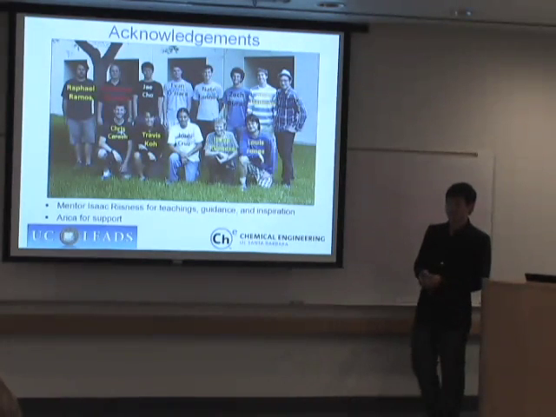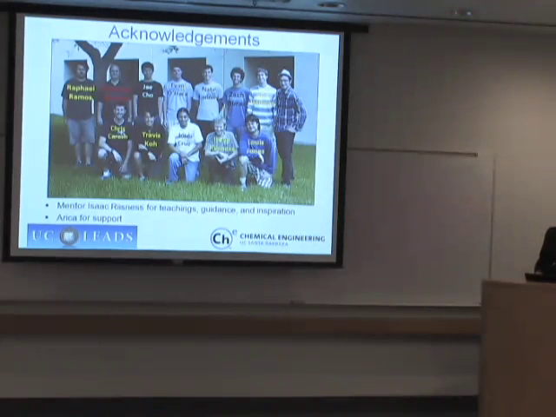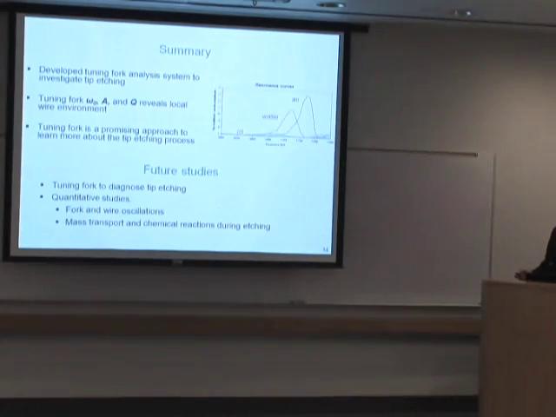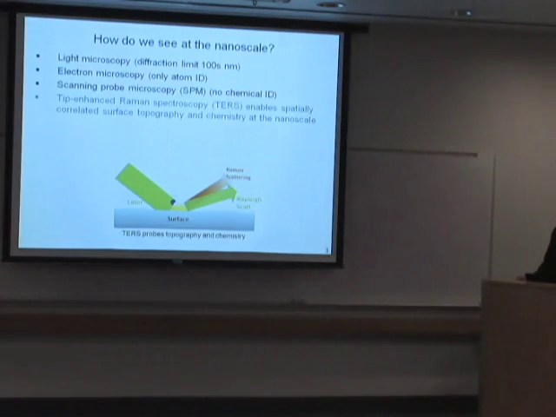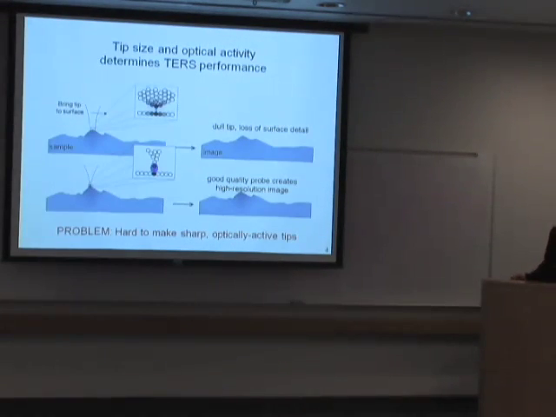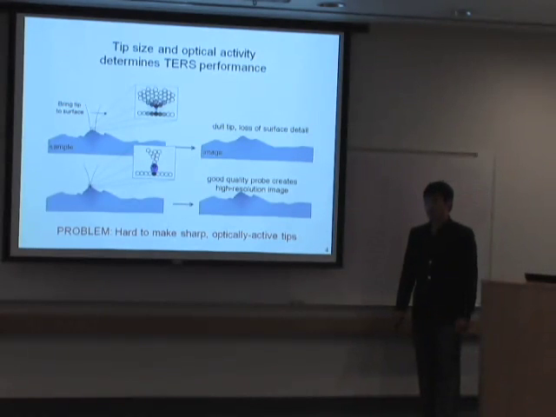Can you go back to the slide where the size of your tip is going to dictate the resolution of your surface? What is the resolution that you guys are seeking to get? How far off are we from that resolution currently?